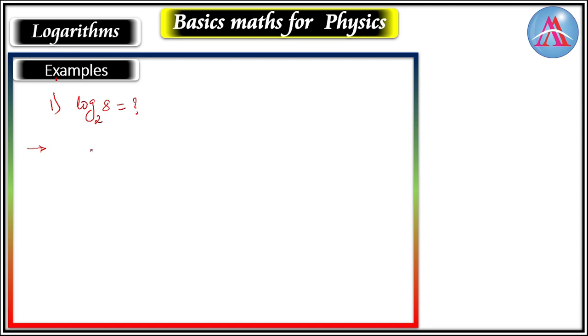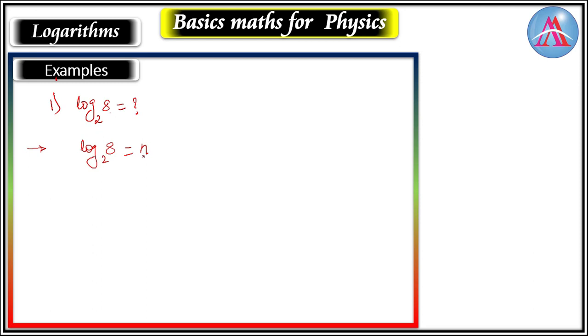If you go step by step, if you want to know the value of log 8 to the base 2, how can we find it? Let us consider log 8 to the base 2. The value is, let us consider n, because we know the formula.